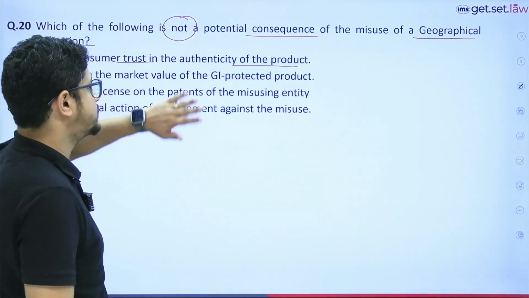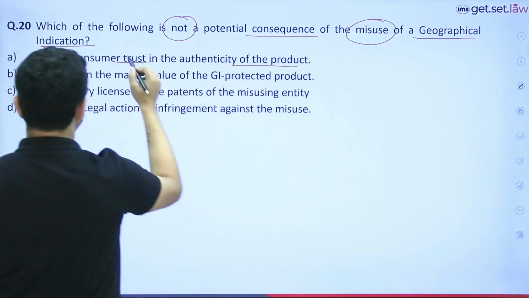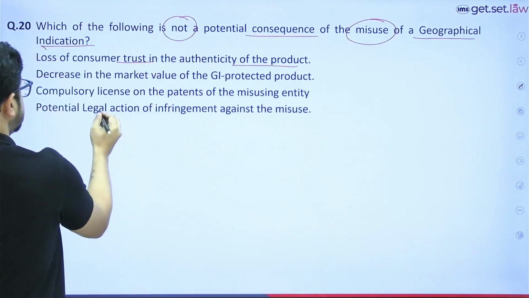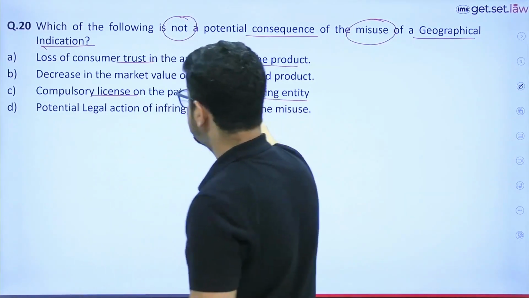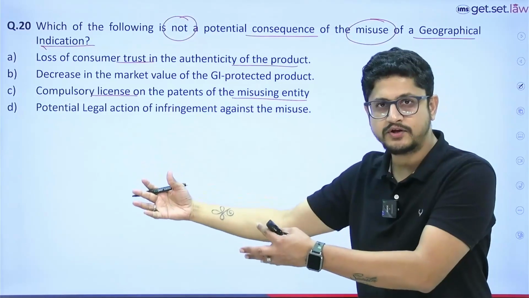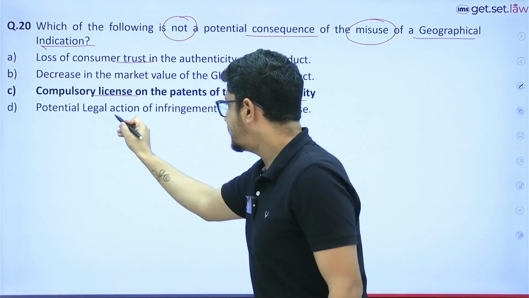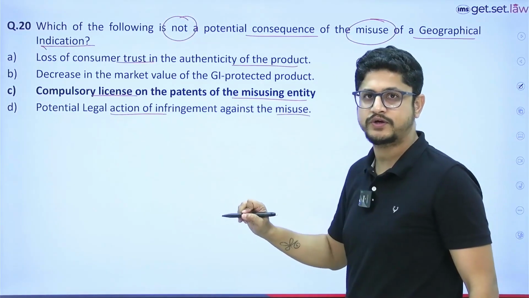Yes, it's a consequence. They are asking which is not a potential consequence of the misuse. Okay? So A is a consequence. B, decrease in the market value, is a consequence. Compulsory license on patents of the misusing entity. Now this is out of context, so maybe not a consequence because it's talking about the patent and GI tag. So the correct answer becomes C. That is out of context. Potential legal action of infringement against the misuse is again a consequence of misuse.